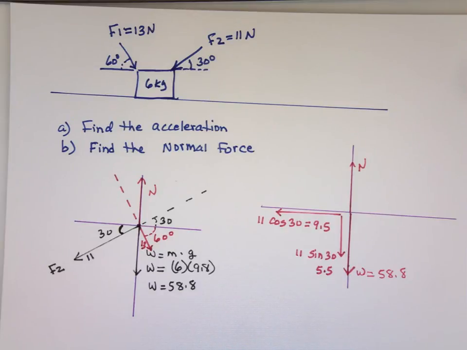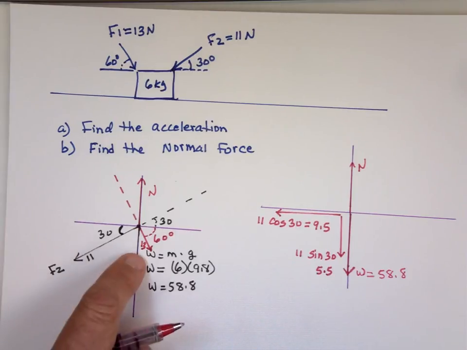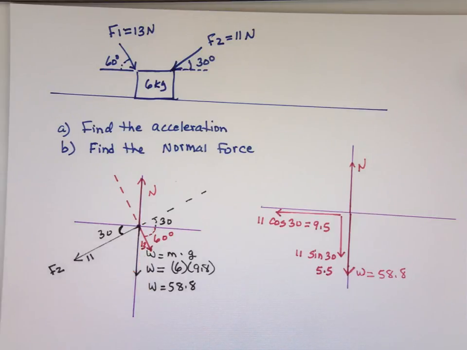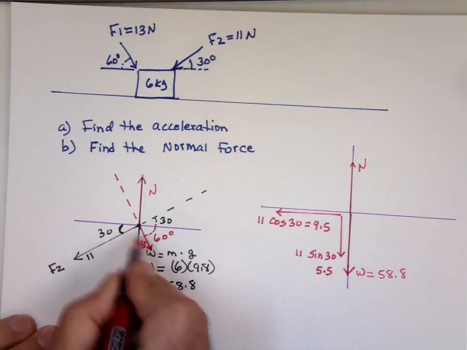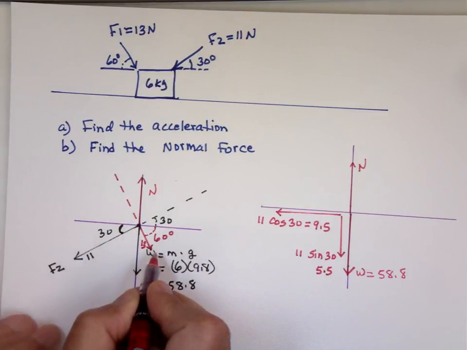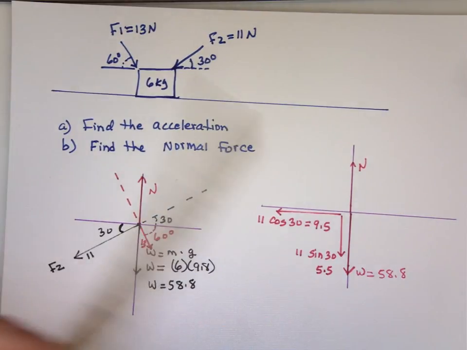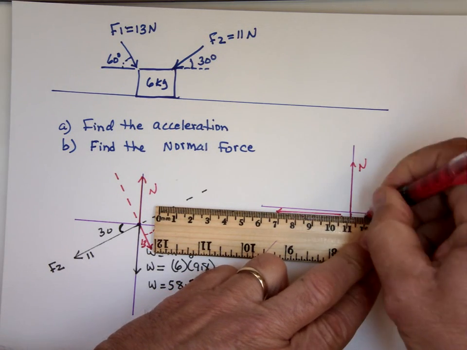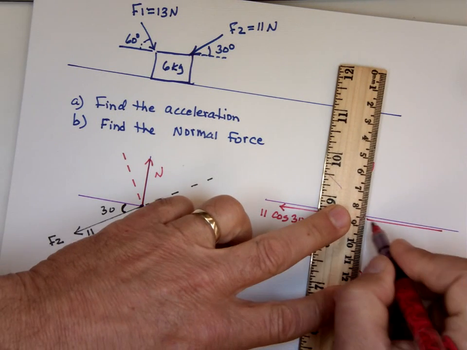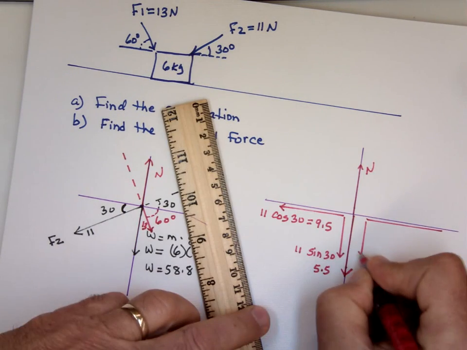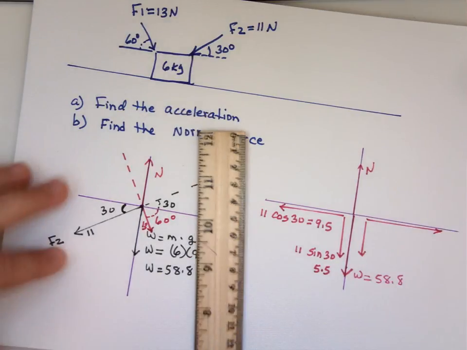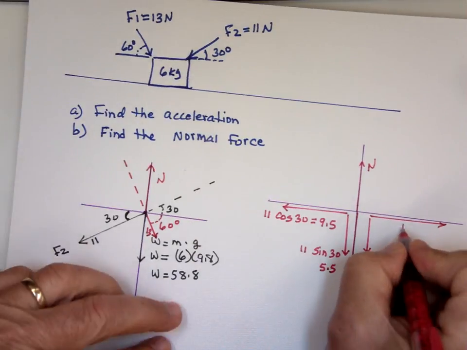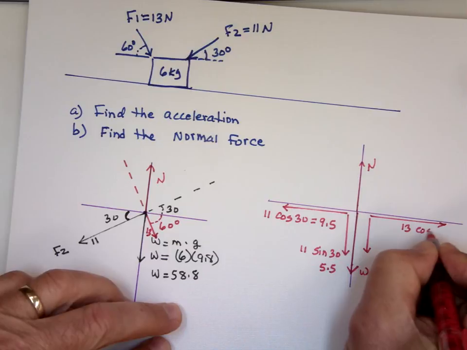Now let's look at the other one. It has a value of 13. And what's the angle? 60. So to go this direction, you have to go to the right and down, right? It should have a component to the right and down. To the right will be 13 cosine 60. I think that's 6.5.